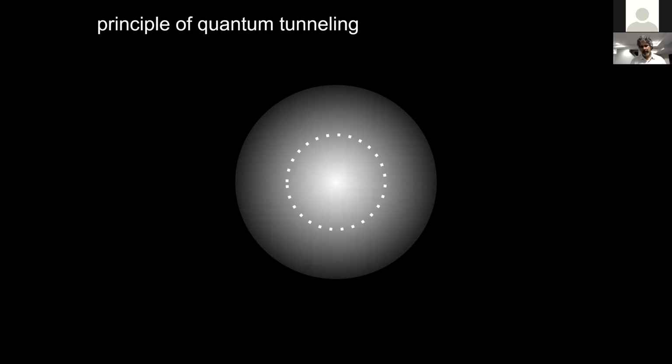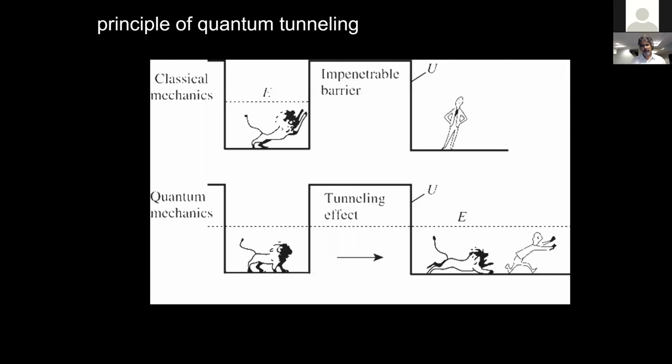In particular, imagine this is a picture of a barrier between a lion and a person. If the barrier is too high for the lion to jump over, then in classical physics, the person is safe. The lion can never reach the person and attack him. In quantum mechanics, however, because the lion is no longer just a sharply defined object but has some fuzziness to it, some of that fuzziness actually leaks through this barrier.